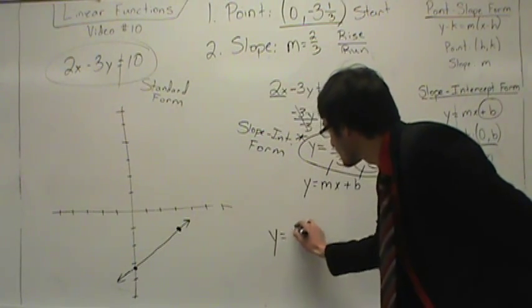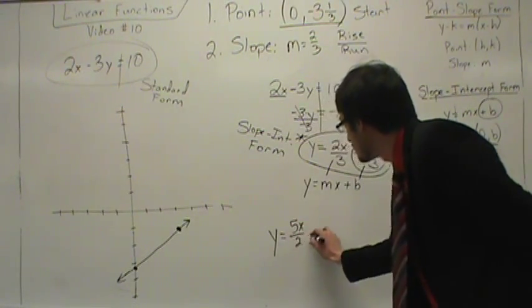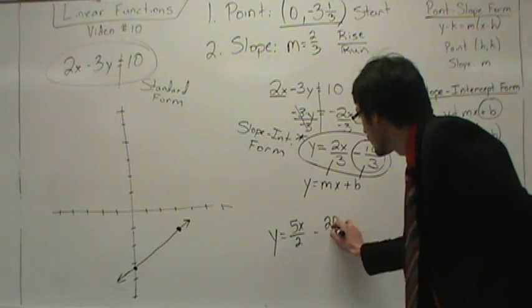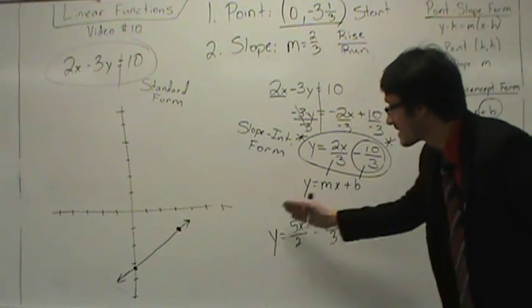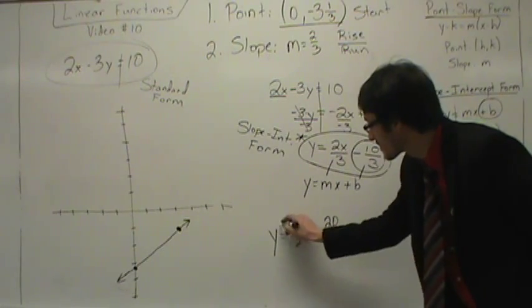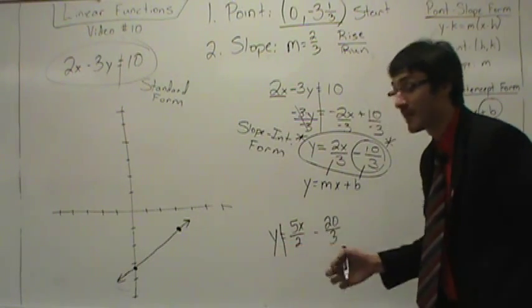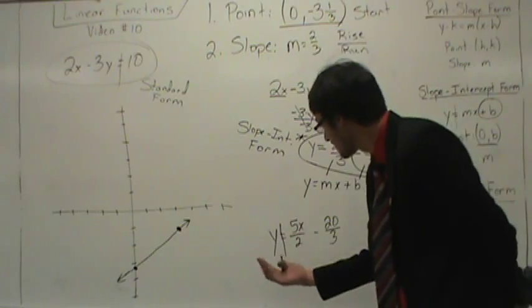If I write y equals 5x over 2 minus 20 over 3, you have to graph this line. Notice that you're looking at slope-intercept form because y is by itself on the left. You have to find 2 things to graph the line, a point and a slope.